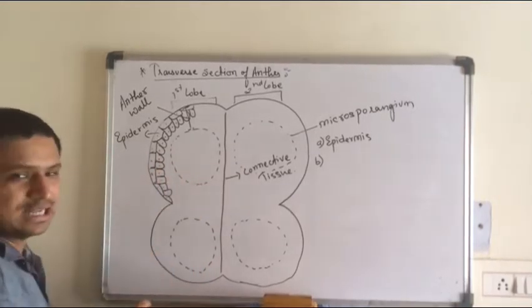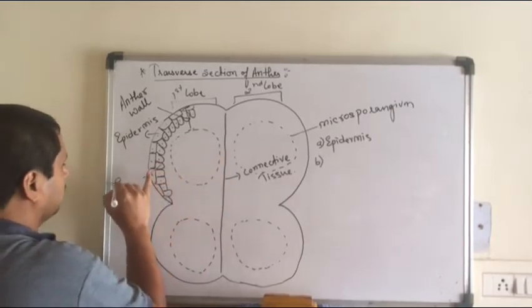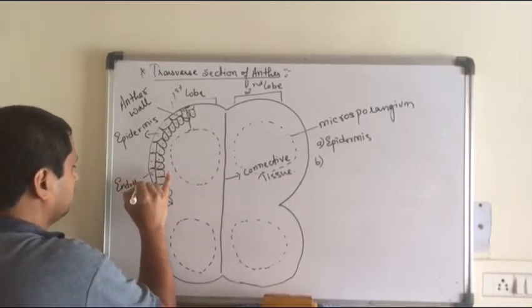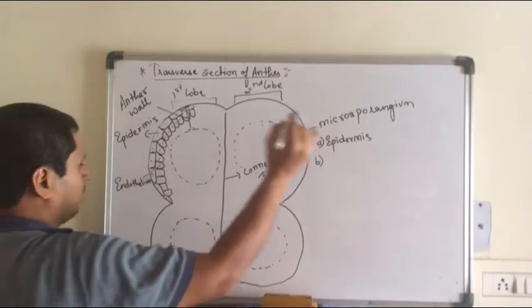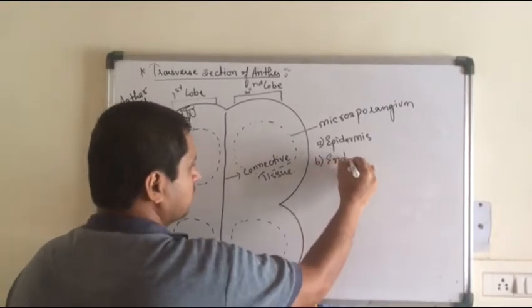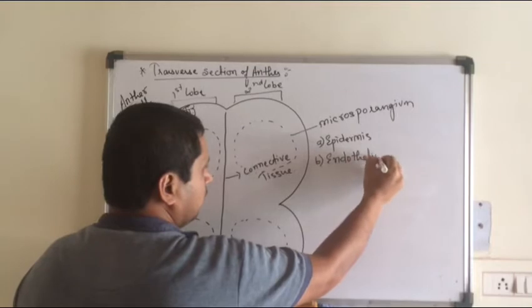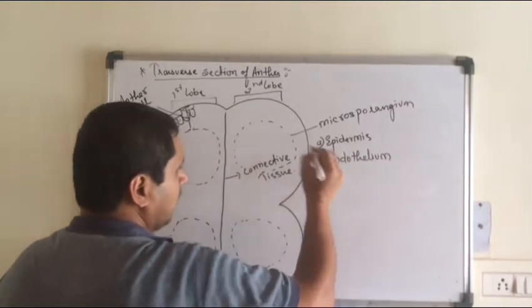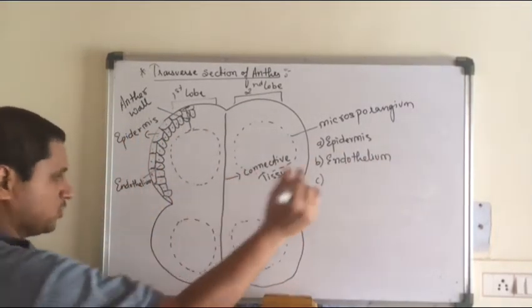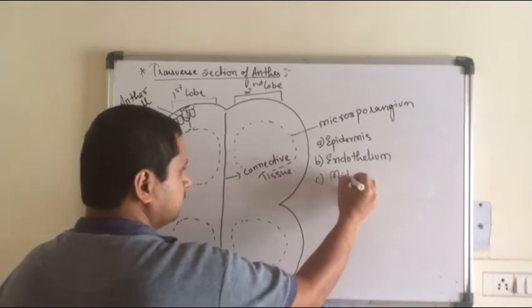These radially arranged cells are known as the endothelium. Now, the third one is known as the middle layer.